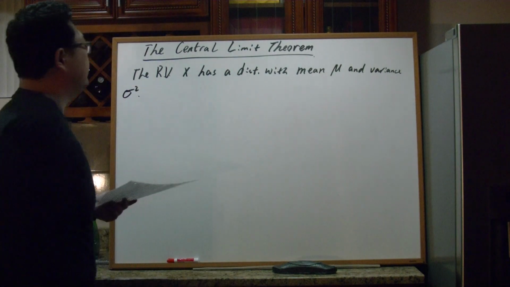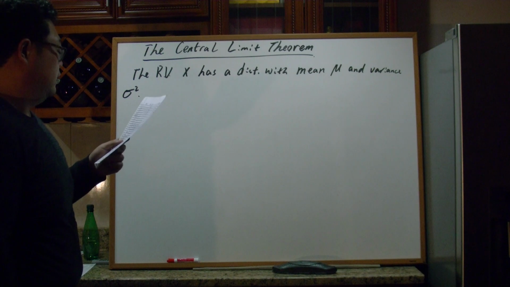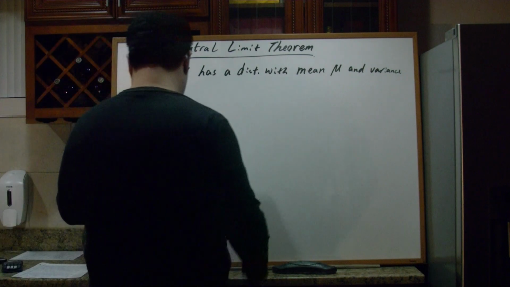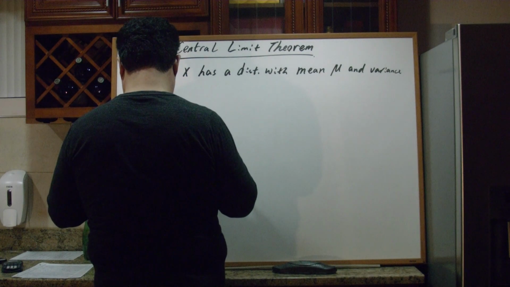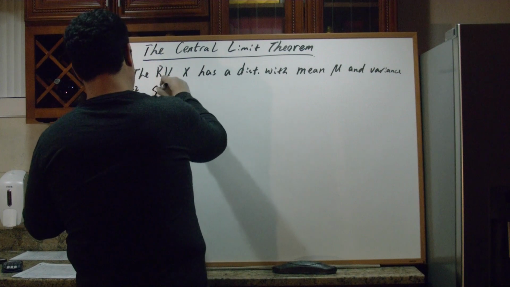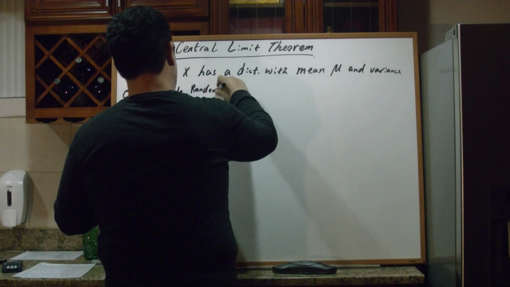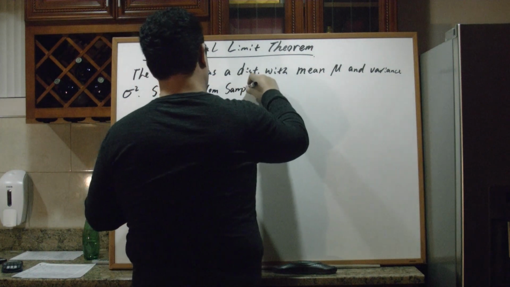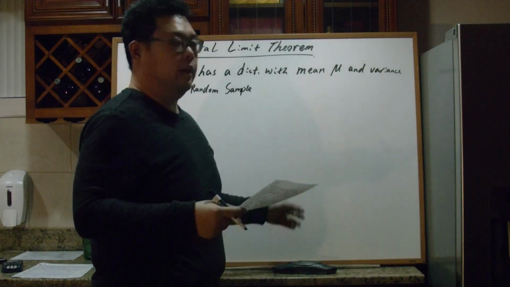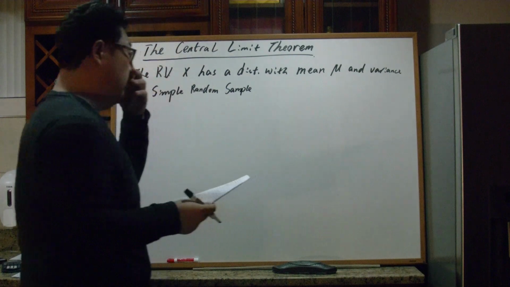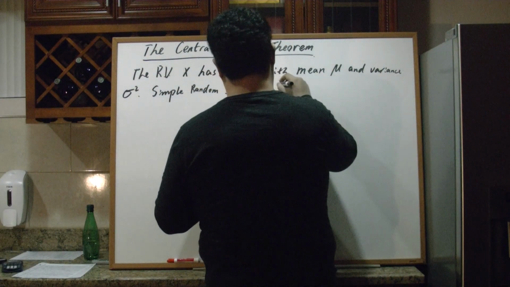The random variable x has a distribution with mean mu and variance sigma squared. A simple random sample is the kind of sample we built before, repeated allowed, and all the cases are considered to have the same likelihood of being chosen.